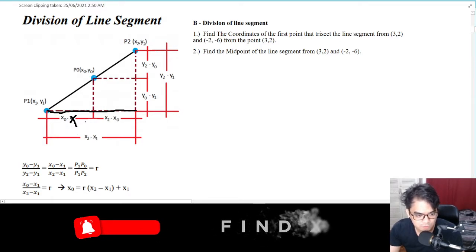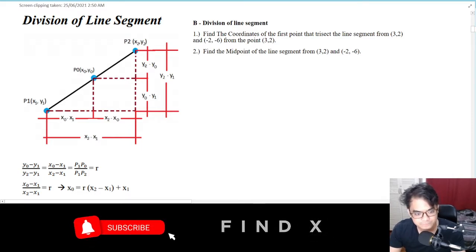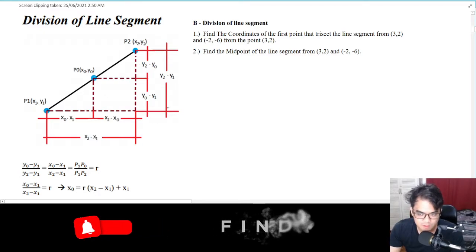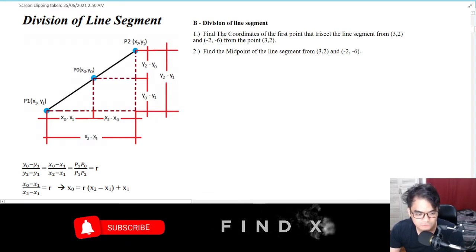So if you were able to get this one and provide the proper length of every line here, you'll end up with something like this. And then all you have to do is just relate each other using similar triangles.